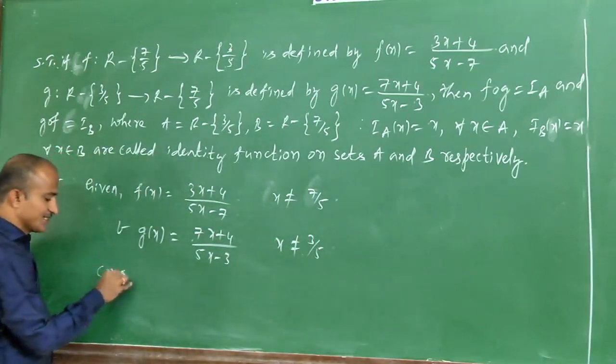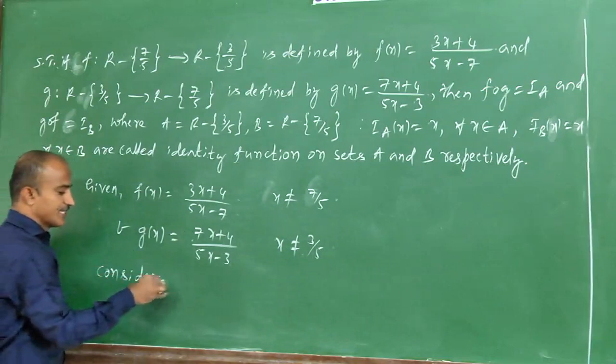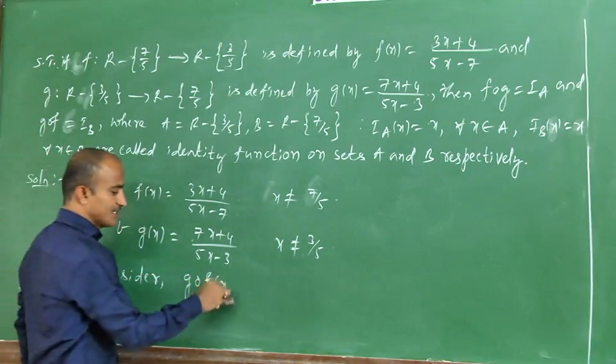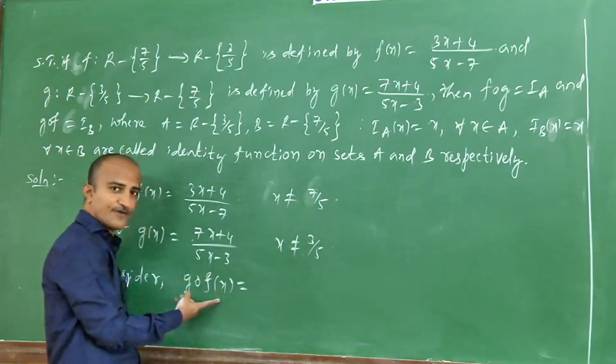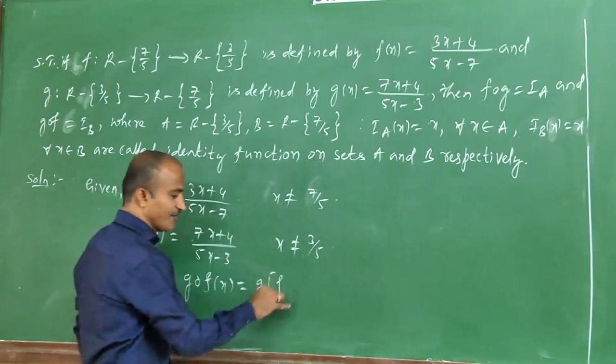Consider, first we shall find gof. Consider gof of x. By the definition of composite function, gof of x is written as g of f of x.